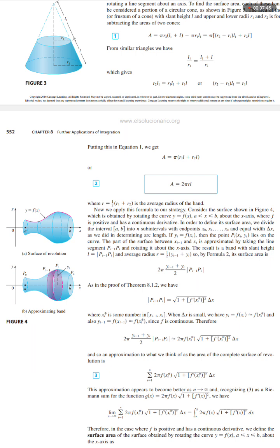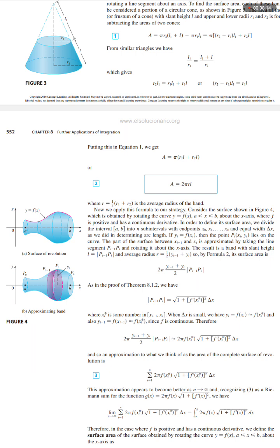Redoing that sentence: consider the surface shown in figure 4, which is obtained by rotating the curve y equals f of x, where a is less than or equal to x and x is less than or equal to b, about the x-axis, where f is positive and has a continuous derivative.